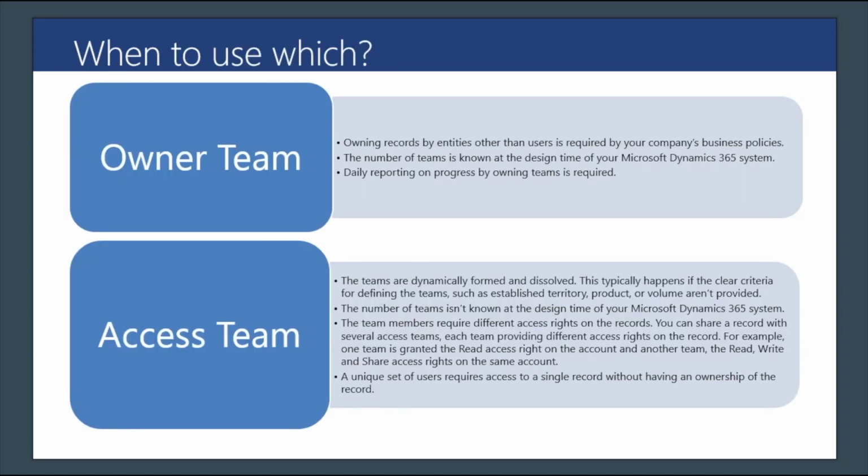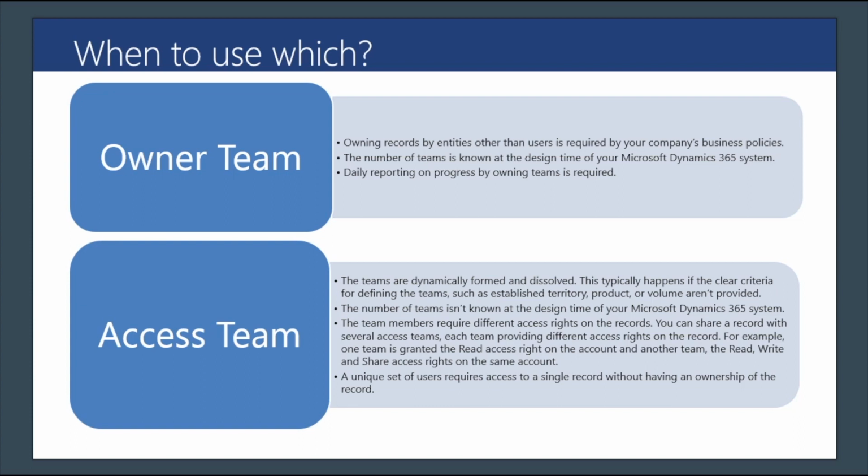As we mentioned, each has different benefits and different scenarios for when one would be used over the other. So owner teams are used if it's dictated by policy. If you need a team that owns the records within the system, and all the members of the team have permission to work on the record together.